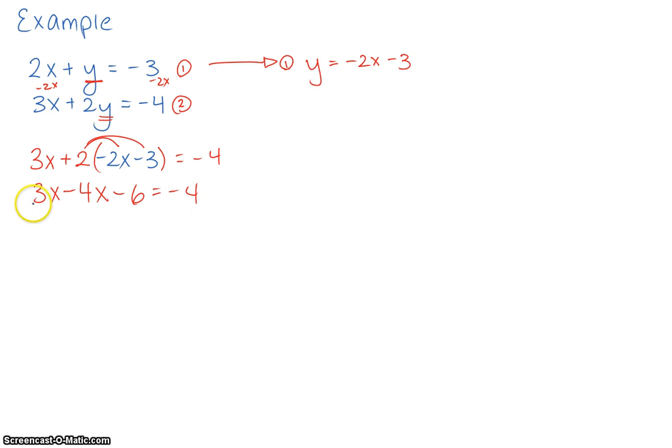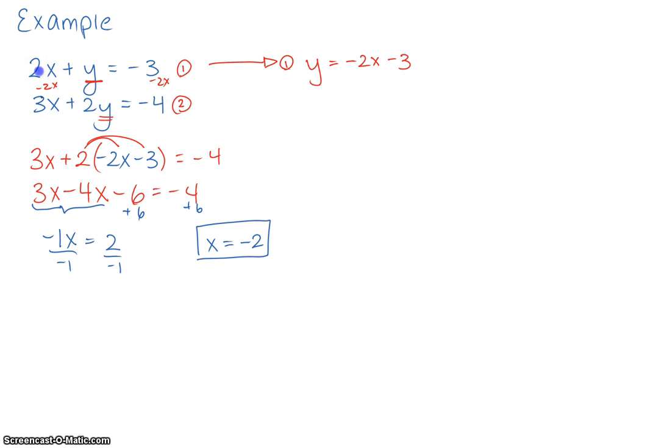Combine your like terms, get negative x, and if I add 6 to both sides, equals 2. Then if I divide by negative 1, divide by negative 1, x equals negative 2. One part of my solution is done.